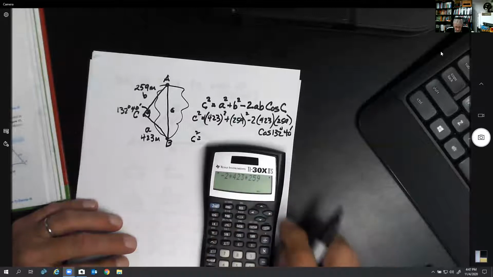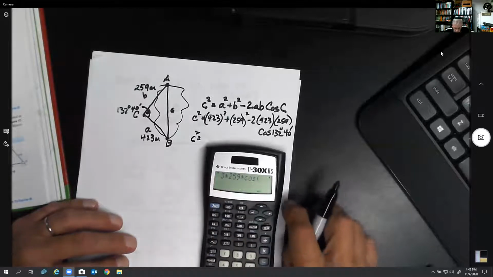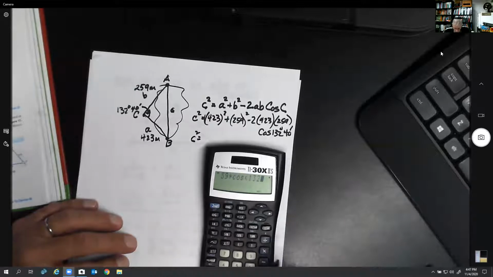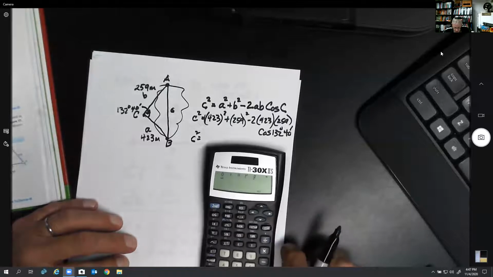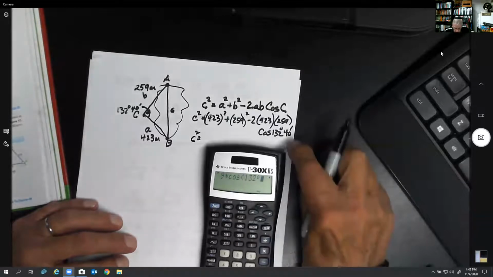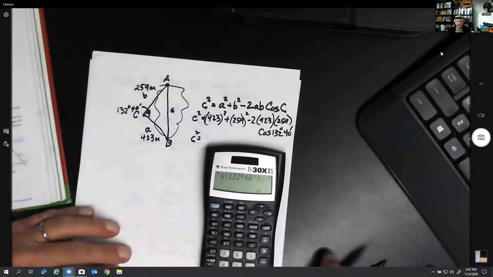These could be in either order. Times the cosine of 132, go to the key right here, degrees, and 40 minutes, 40, go to this key right here, slide over, hit the equal sign, minutes, parentheses. So you can use the whole thing, equals.